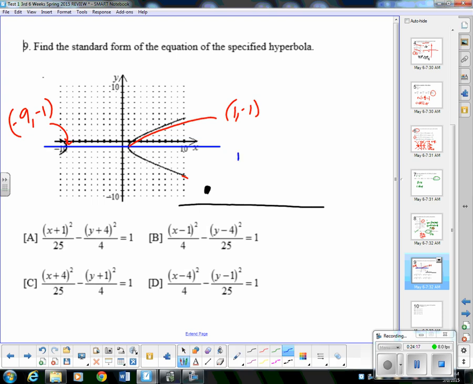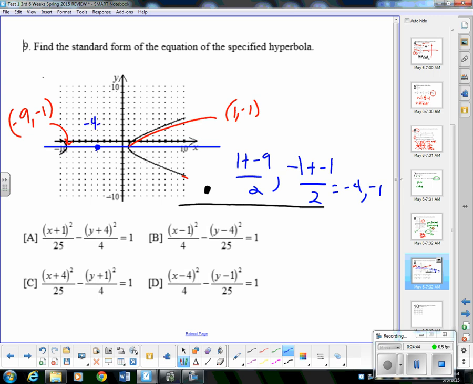It's 1 plus -9 over 2, comma, -1 plus -1 over 2. 1 plus -9 is -8. -8 over 2 is -4. -1 plus -1 is -2. -2 over 2 is -1. So I know my center is at -4, -1.